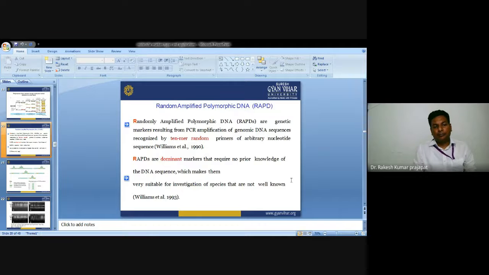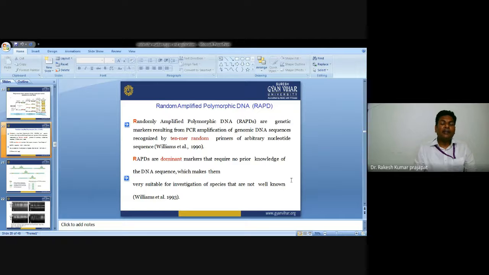Now RAPD, randomly amplified polymorphic DNA. RAPD markers result from PCR amplification of genomic DNA sequences that are recognized by 10 nucleotide, 10-mer random primers. That is important. Randomly we are amplifying; we do not have any fixed sequence, so randomly we have to design the primer.